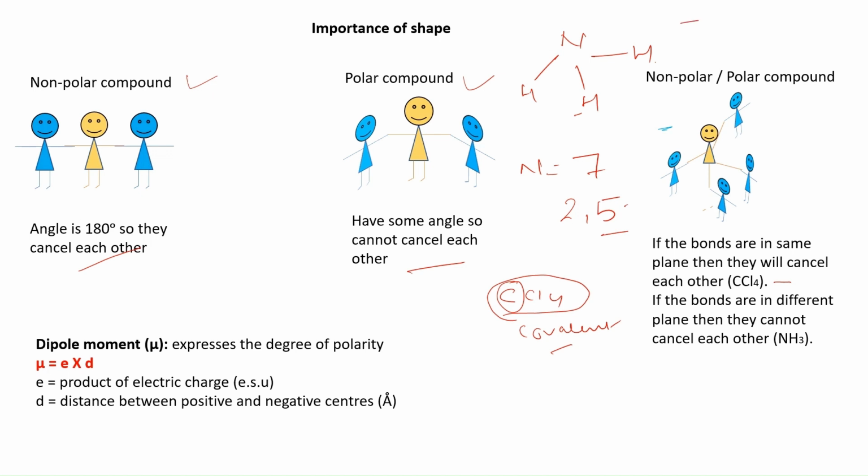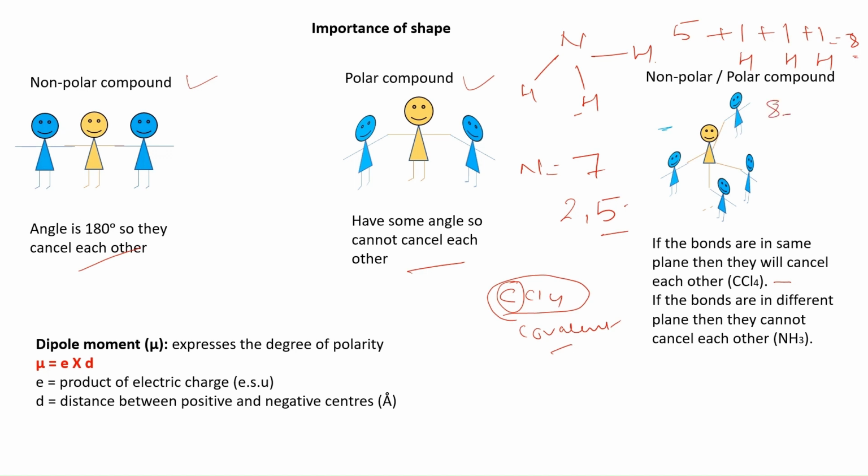Now, for 5 valence electrons: 1, 2, 3, 5, 6, 7, 8. Octet. One pair with hydrogen, one pair with the second hydrogen, one pair with the third hydrogen. It became an octet, 8. Okay. Now what you have to do?